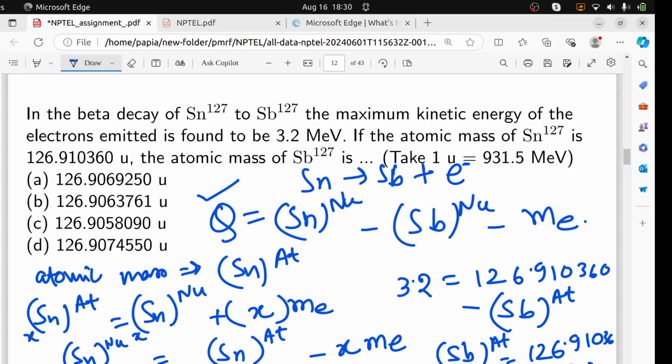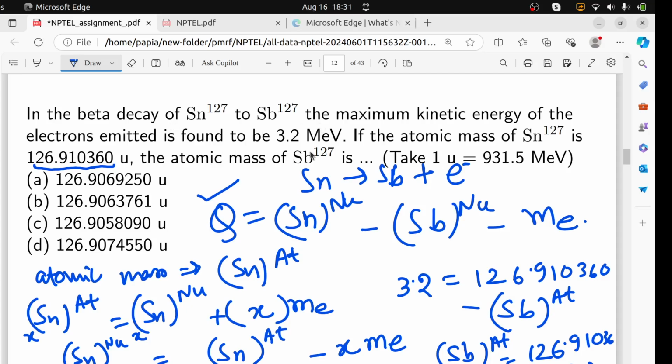Oh, so sorry. This should be transferred to MeV, and after that 3.2 will be subtracted from this one, and after that we will put it in U unit. This is simply a unit conversion calculation, because you understand that this is the MeV unit and this is the AMU unit. So we have to convert that one, and after that we can get the answer.